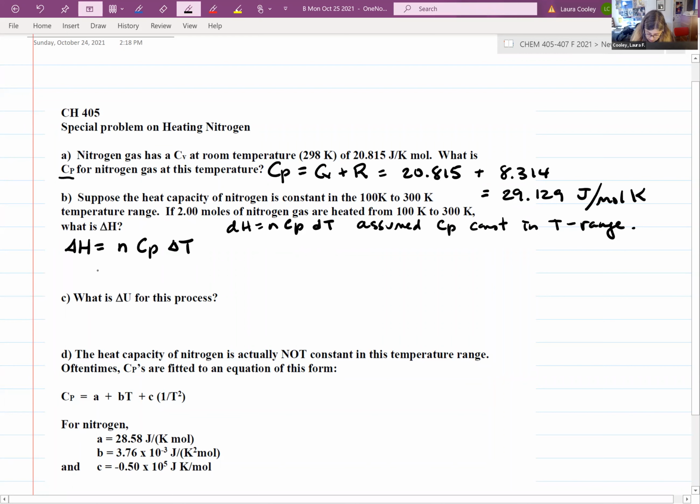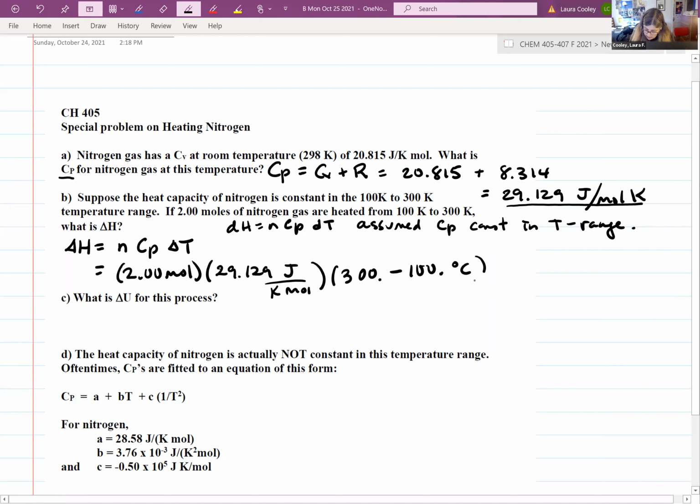So that would mean that the delta H is simply 2 moles times the CP that we just calculated times delta T, which is 300 minus 100, actually Kelvin doesn't matter, but this is Kelvin, so I'll write it as Kelvin.